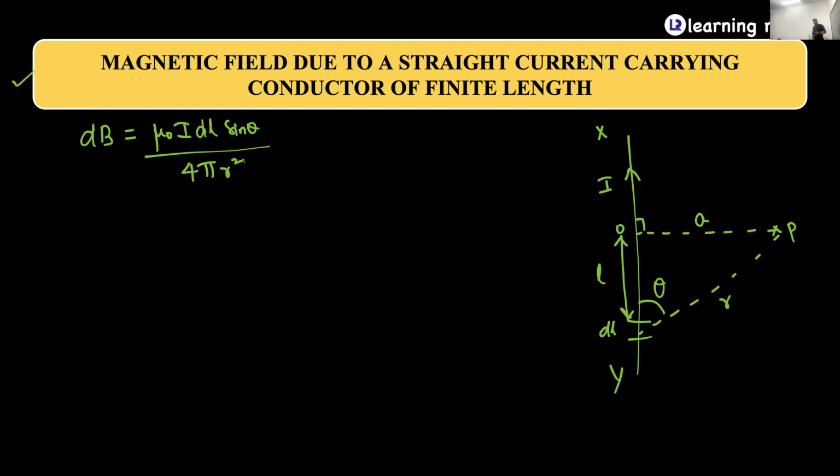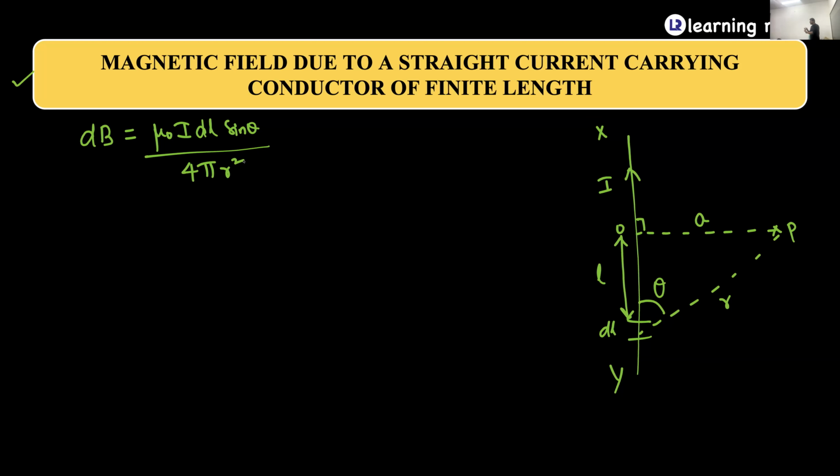Sin theta, depending on where I considered this dl, from this dl, what did you do? You drew a line which is joining this point P, no? Right? So this angle theta will change according to the location where you took that dl to be. Meaning L is deciding what should be the value of theta. So how many variables have already come into picture? dl is a variable, theta is a variable.